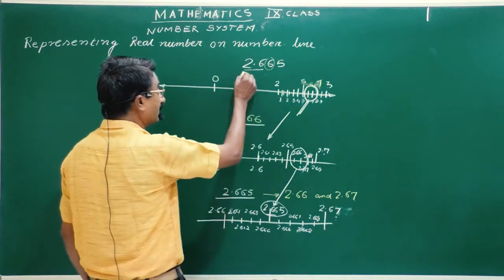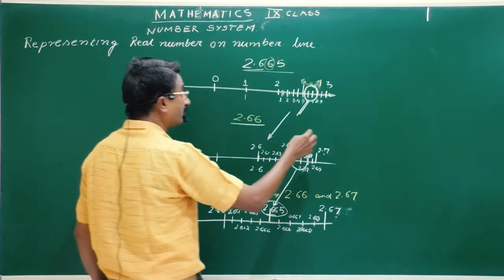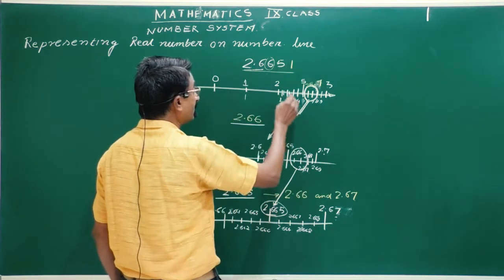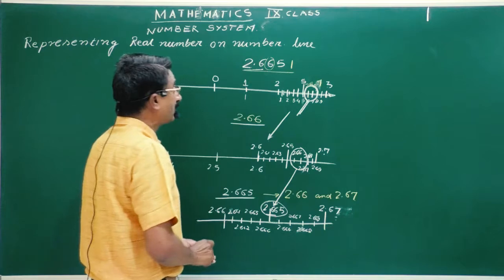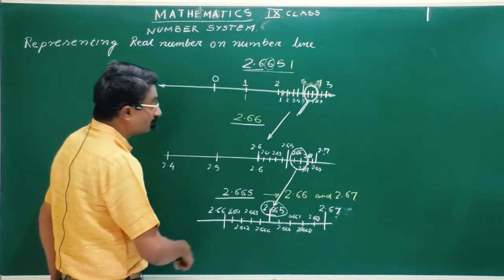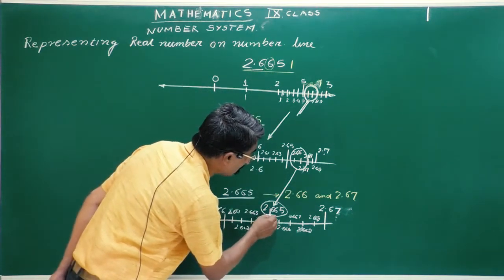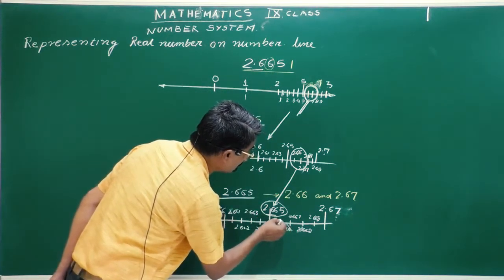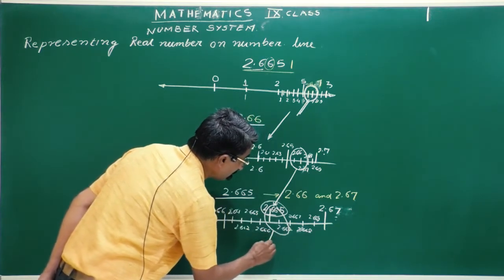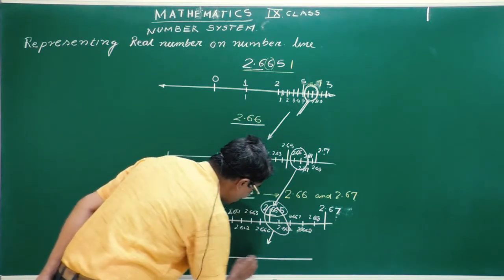Again, if you want to expand this also, means if you want to write down up to 4 decimals, for example, say I am writing 1 here, so you need to draw 2.6651. So what we will do? This is 2.665 and 2.666. This scale is to be magnified again, and I'm not drawing it completely.